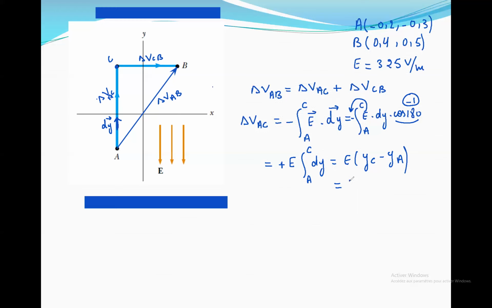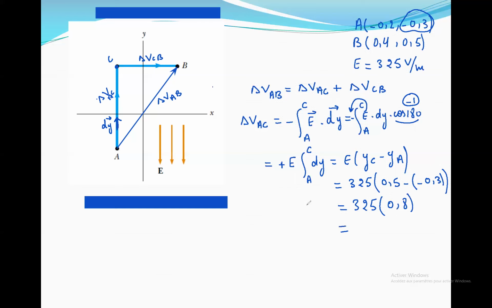And E equals 3 to 5. So y of C, which is y of B, 0.5, minus y_A, which is minus 0.3. We calculate: the value will be 0.5 plus 0.3 equals 0.8.